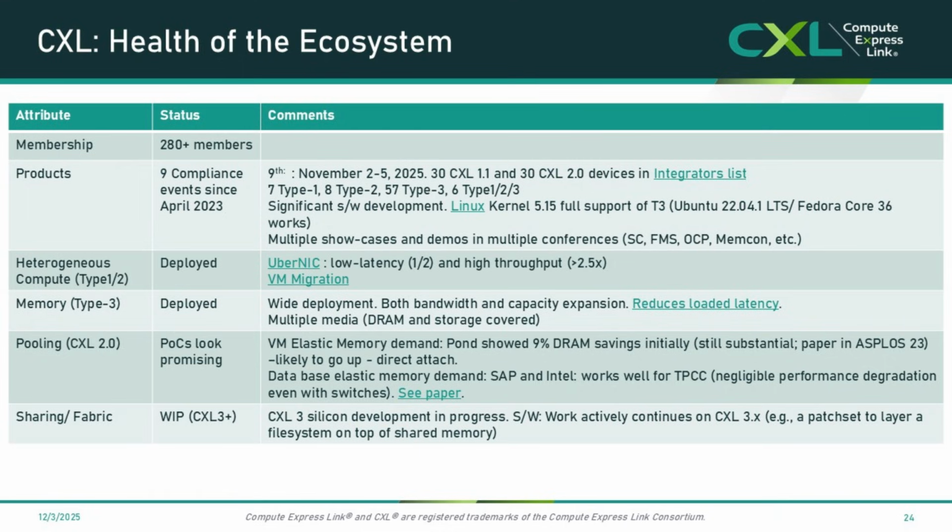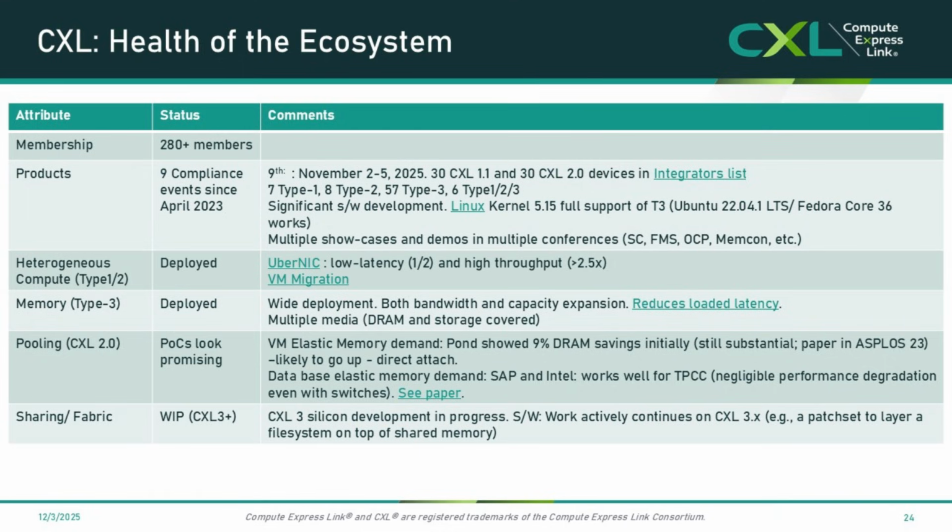The last one was held just over a month ago, and at this point we have about 30 CXL 1.1 devices in the integrator list and 30 2.0 devices. As we keep getting new devices and new vendors that want to participate, that's really exciting. There's one part that is just developing the spec, but this is really where we see the industry working and getting excited and finding new usages that can benefit the ecosystem.